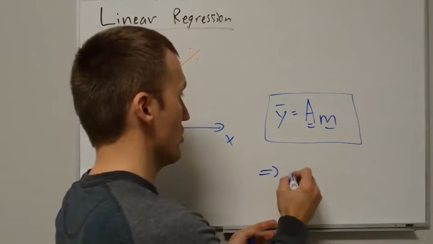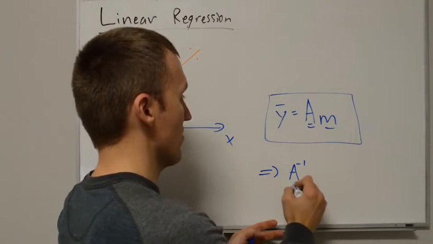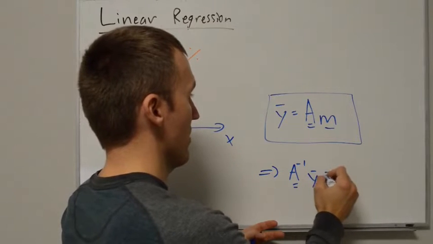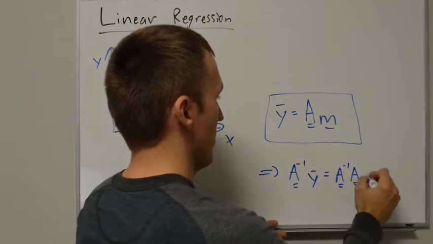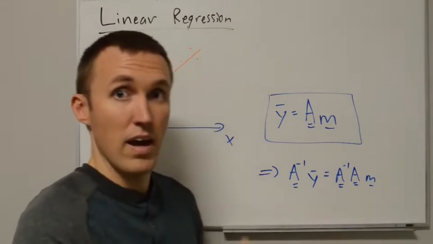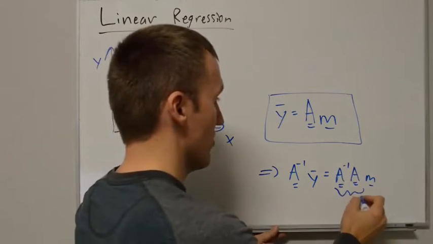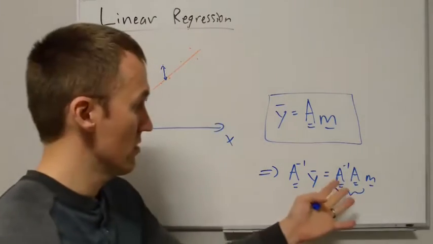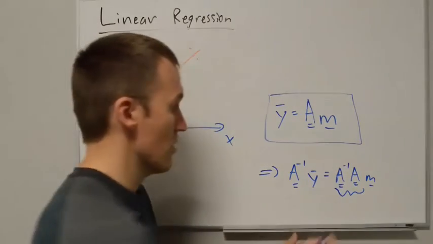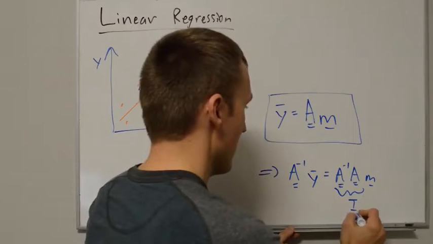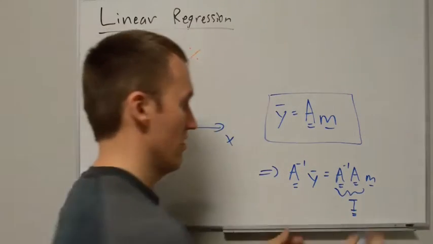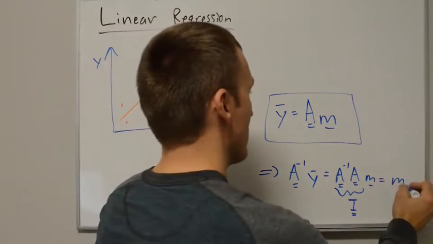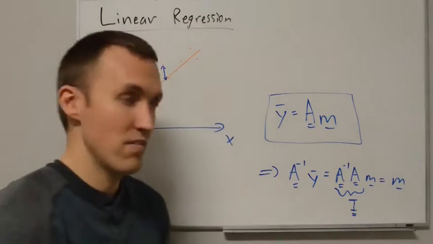So that would result in a system which looked like A inverse times y is equal to A inverse times A times m. And of course, as we said, A inverse times A is equal to the identity, and the identity times a matrix or vector is equal just to that vector or matrix, and so we just end up with m, a vector.